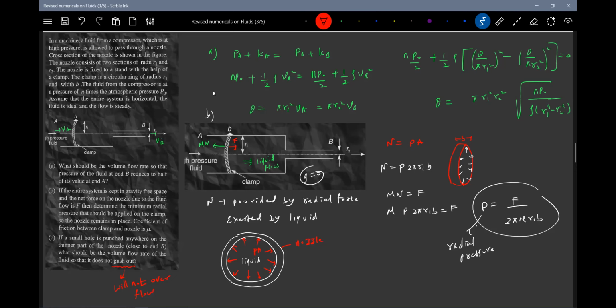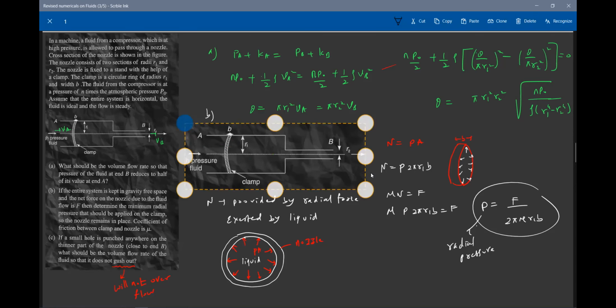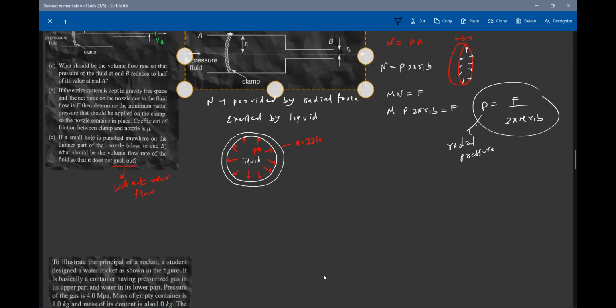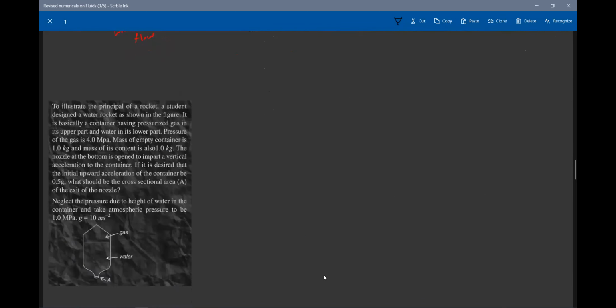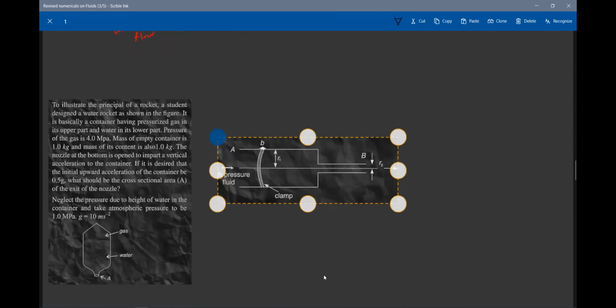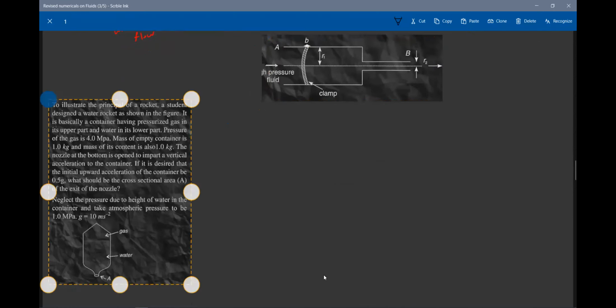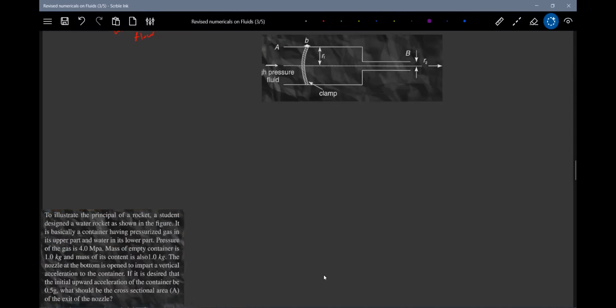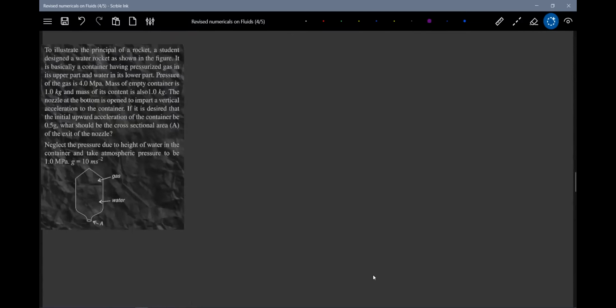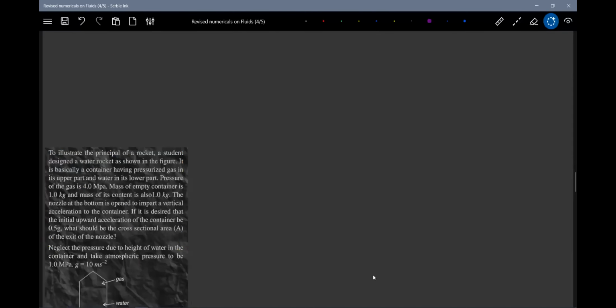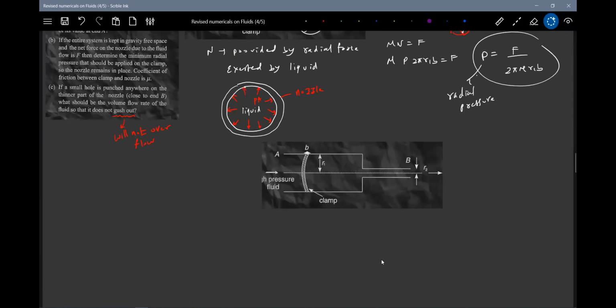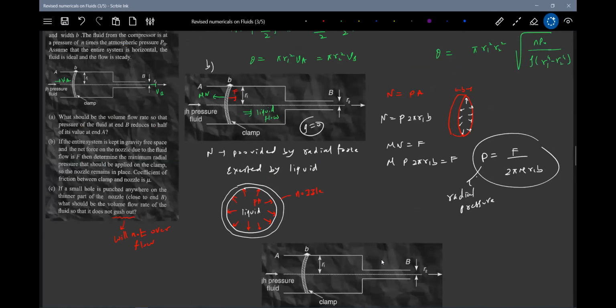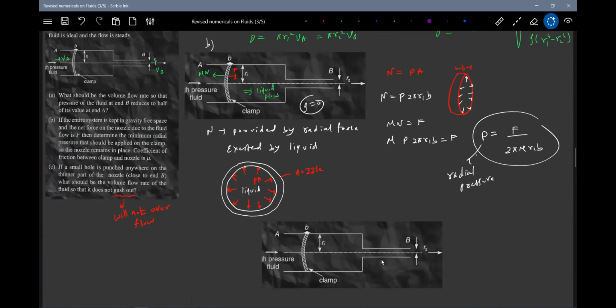So when that can happen, we'll take the same diagram. I'll go to the next part. Let's come for this one. I think you can read it.